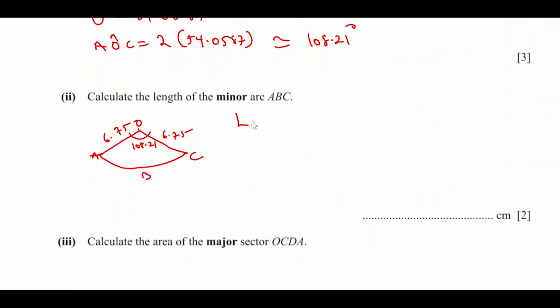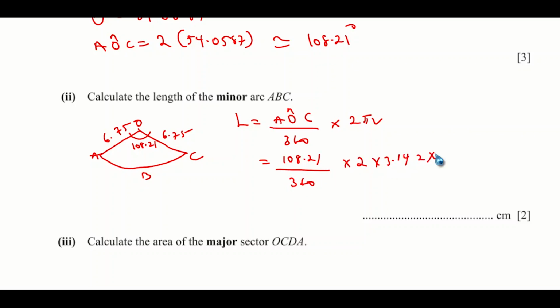So the length will be equal to this angle here, AOC, over 360 times 2 pi r. So this will be equal to 108.21 over 360 times 2 times 3.142 times 6.75. You can input this into your calculator straight away and you get 12.7 centimeters.